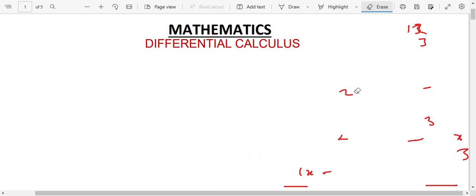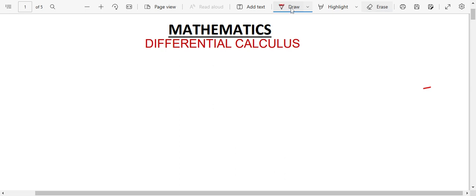Every time you see a fraction, you should know that you are going to use the quotient rule of differentiation. But you can also convert it to the product rule if you want to make it a bit simpler. Whenever you have a function, let's say y is equal to u divided by v, you need to know that v will always be in the denominator, like u comes first in the alphabet, so it will be on top.